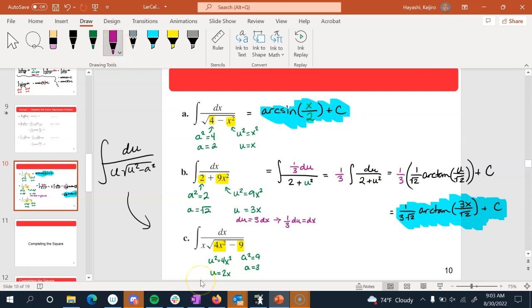So again, u is not simply x, it is 2x, meaning that we should make a note of what du is. So du is going to be 2 dx, and we can also say that 1/2 du is equal to dx. Multiply both sides by 1/2 or divide both sides by 2, however you want to look at it.